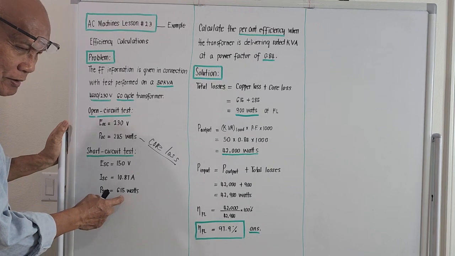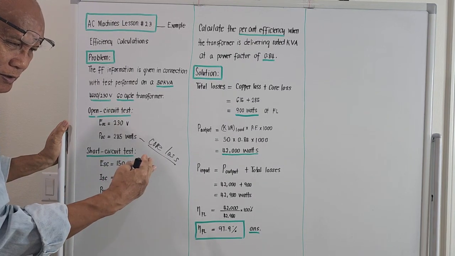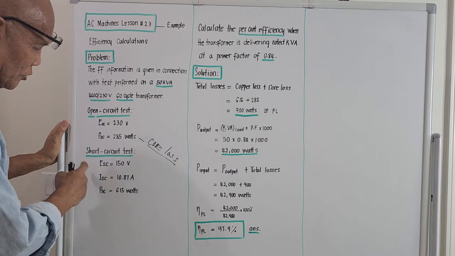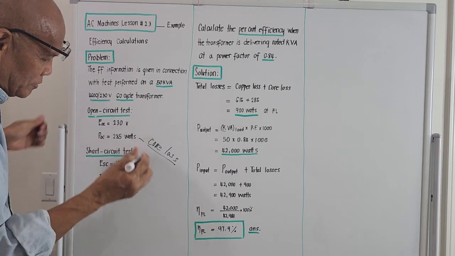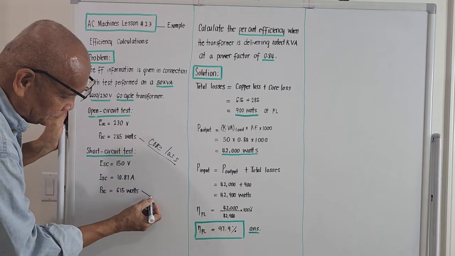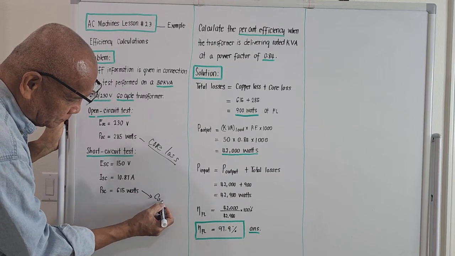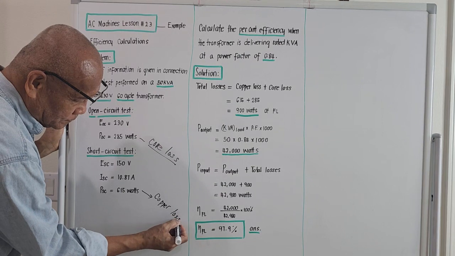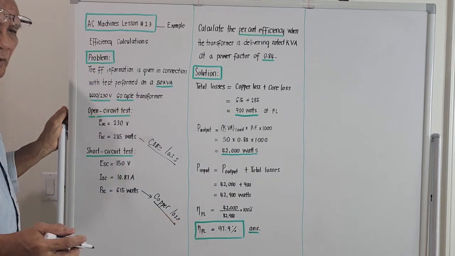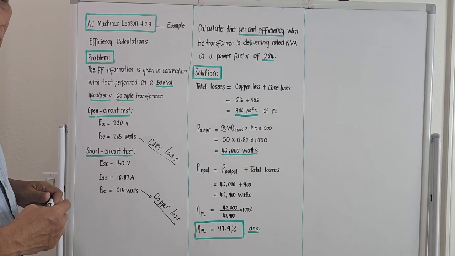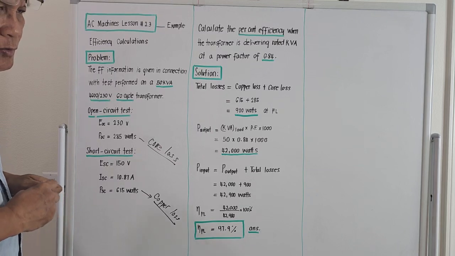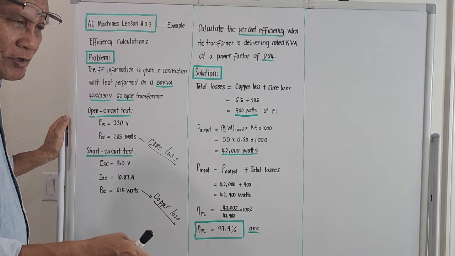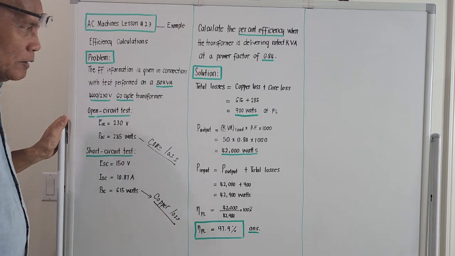This is actually the reading of the wattmeter connected on the primary side during the performance of the short circuit test. And actually, this is the copper loss. Copper loss is termed as the loss due to the resistance of the windings of the transformer, because there is no such thing as a perfect winding.